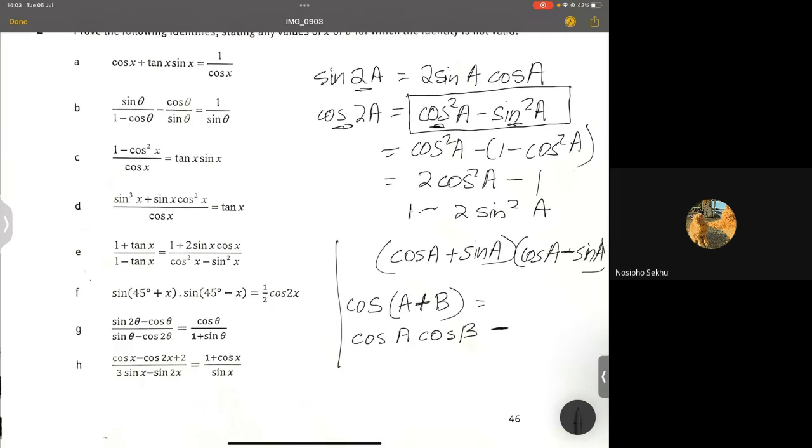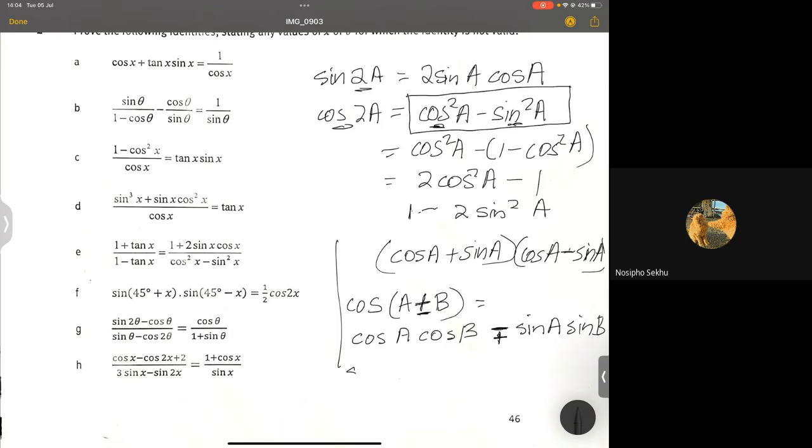So this will be minus sine A sine B. Okay, so cos A cos B minus sine A sine B. Of course, if you've got cos A minus B, then this just changes to plus. So you just change the sign.